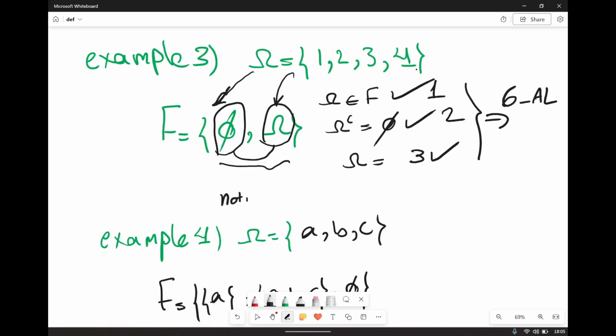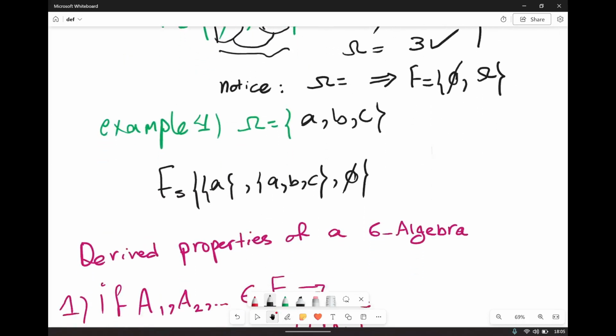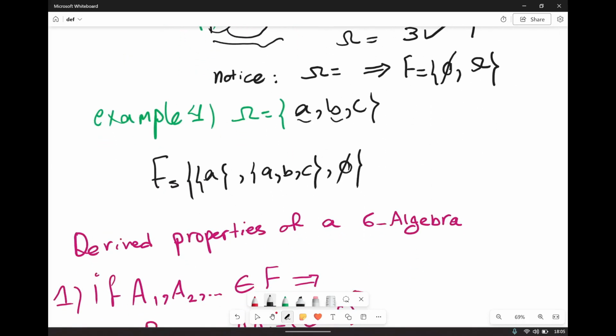Another notice, what is the smallest sigma algebra? Yes, if your sample space is omega, the smallest sigma algebra contains just the empty set and omega. In here we have A, B, C and our subset is the sets A, B, C and the empty set.